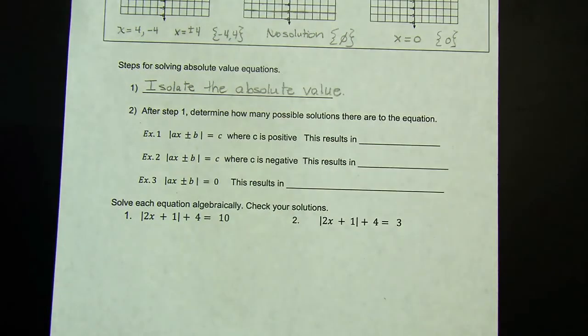What do we do when we isolate something? Get rid of it. We don't get rid of it, we get rid of everything else, right? Okay, we make sure it is all by itself on one side of the equal sign with a number on the other side. So that's your goal.